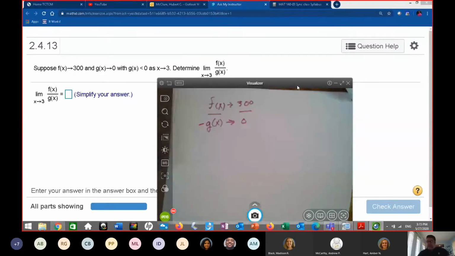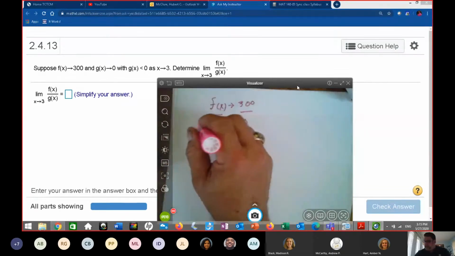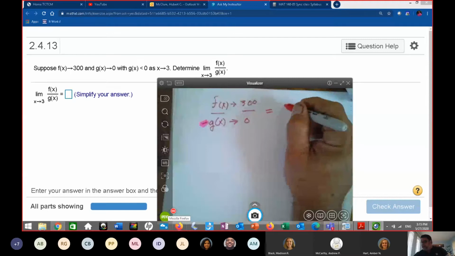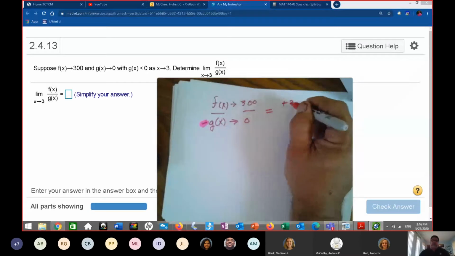Okay? So I'm going to take that pink highlighter and highlight that negative because that changes the whole kit and caboodle no matter what that 3 is. So you've got positive 300, you're approaching positive 300 over a negative, basically approaching 0.